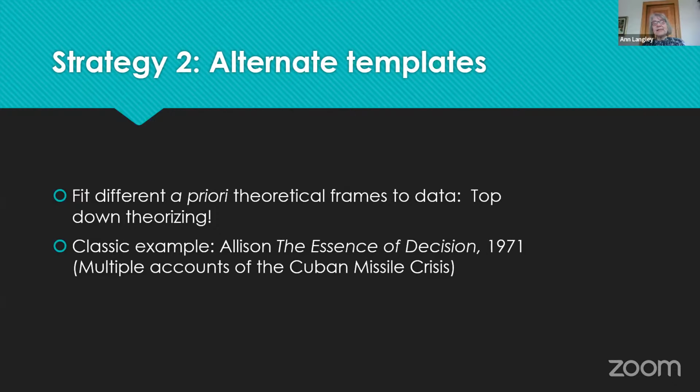Allison got access to a huge amount of documentary data and analyzed it according to three different theoretical frames. The first was the rational actor model. According to this model, countries are rational actors: they consider the alternatives available and pick the best one. The whole assumption is that the country is one actor.